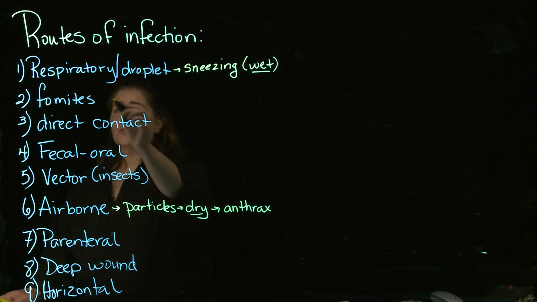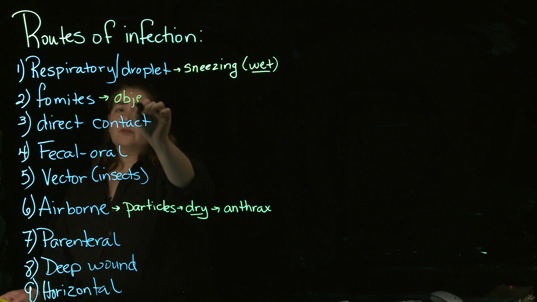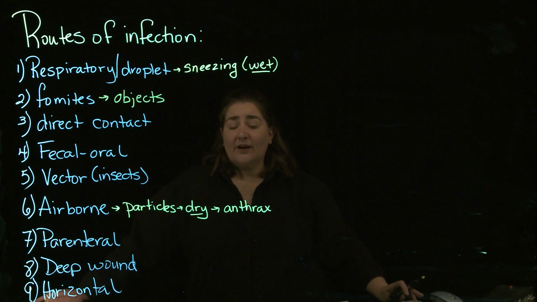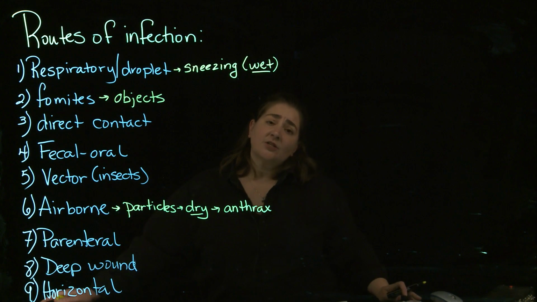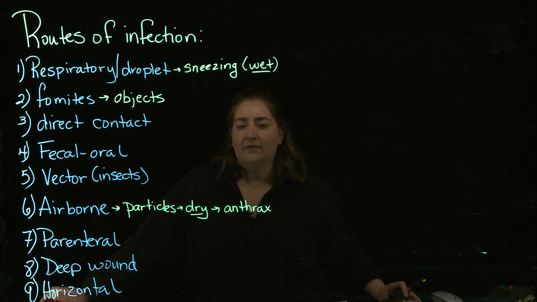Next type of infection we've got are going to be fomites. This is going to be via objects, all right? If you're taking microbiology lab with me, this mode of transmission is why I get so bitchy about bringing cell phones into the microbiology lab.